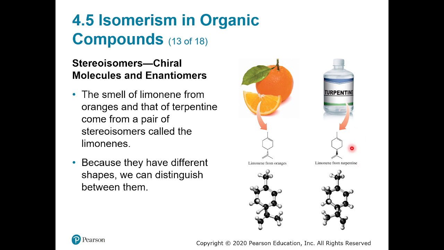Anybody ever used paint thinner, chemicals like that, and went, that smells kind of citrusy? Yeah, that's why. It has the same compound, same molecular formula, same arrangement, everything, right? But instead of having a bond that goes away from you, it comes out towards you.